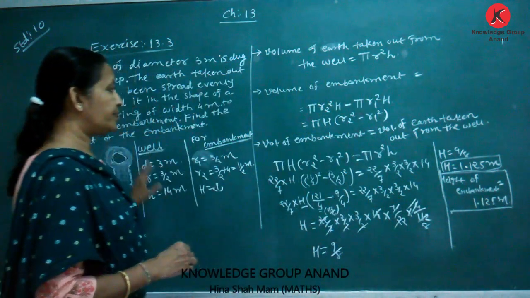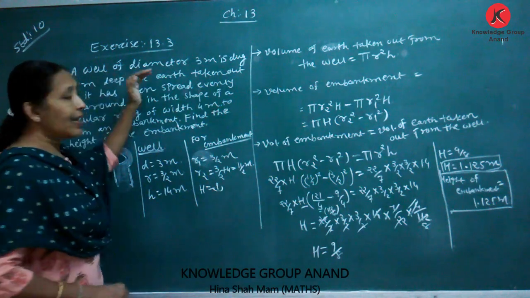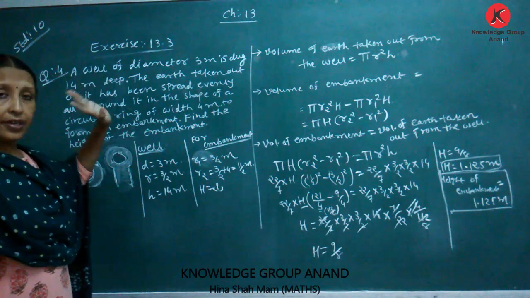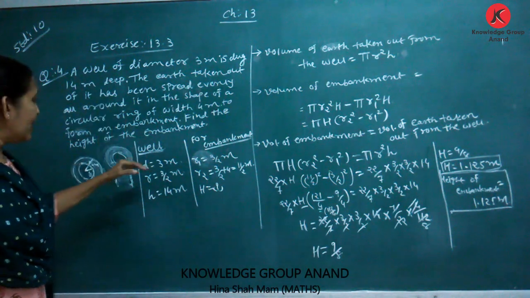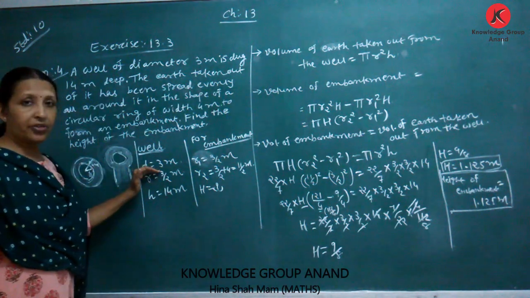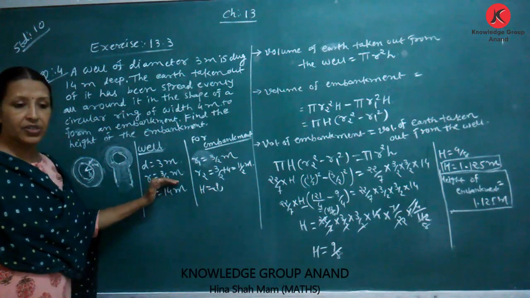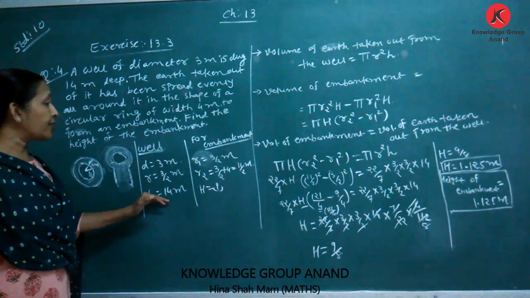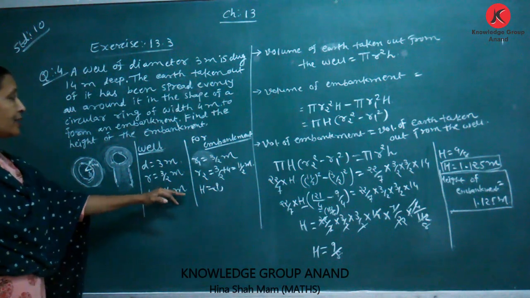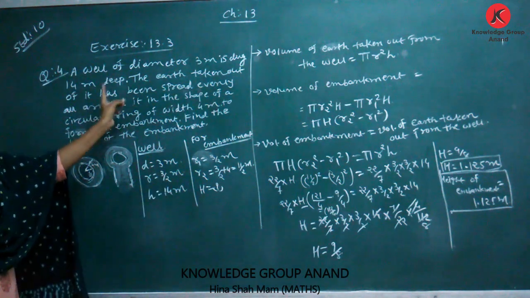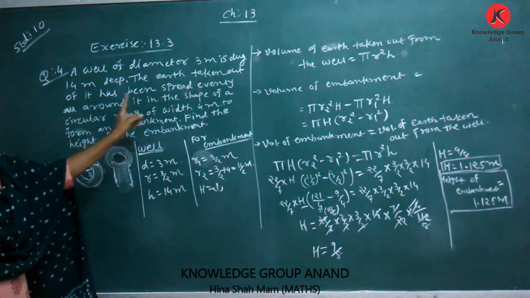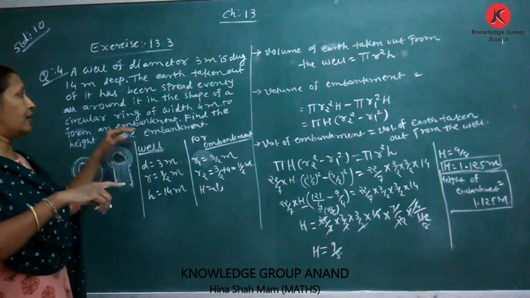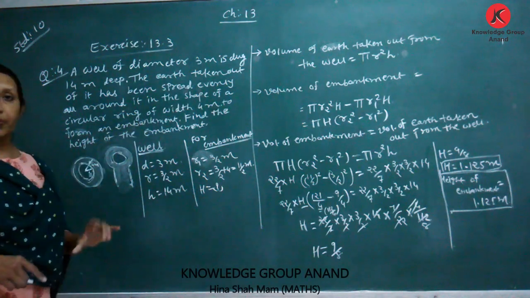Again this question: a well of diameter 3 meter is dug 14 meter deep. The well has diameter 3 meter, therefore its radius is 3 by 2 meter, and the depth, that is height, is 14 meter. The earth taken out of it has been spread evenly all around it in the shape of a circular ring of width 4 meter.